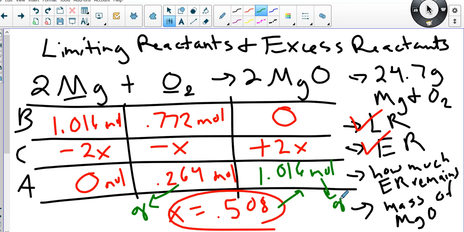You good? I will do one more example because I want to make sure you get it. I want to show you something else. So 2 quick molar conversions.